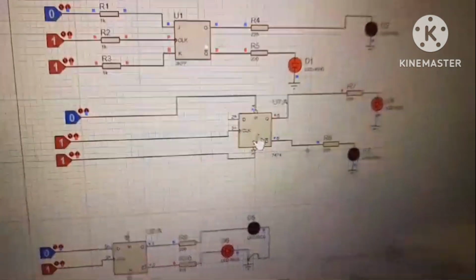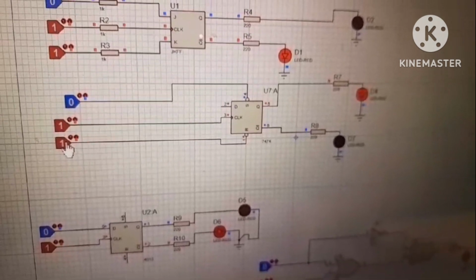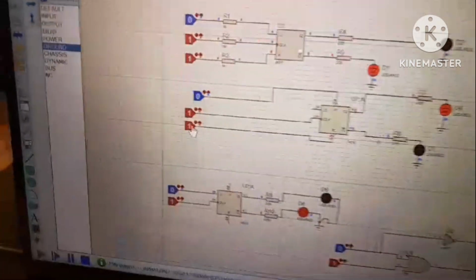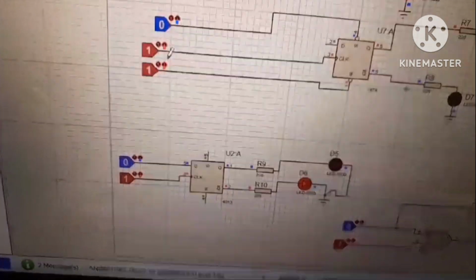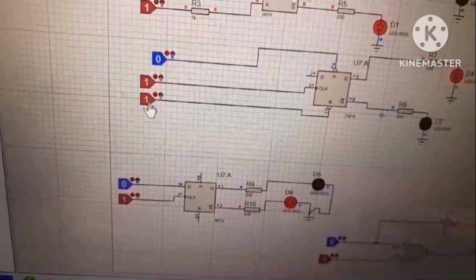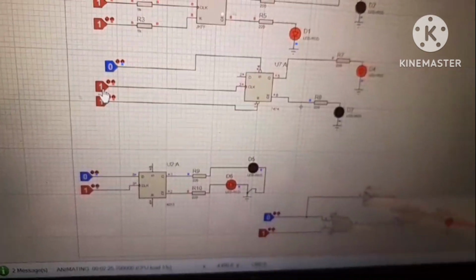And as you can see, now we have the S at 0, the reset input on, and the clock on.